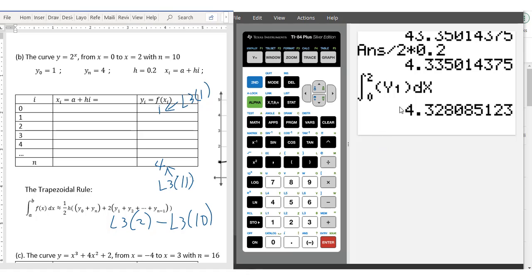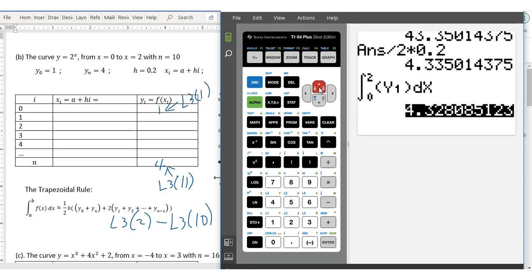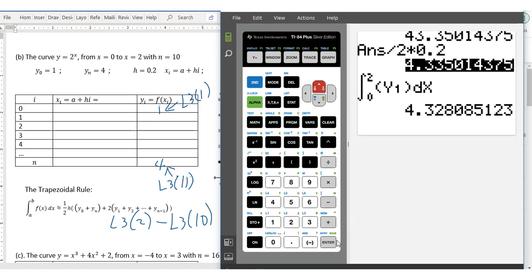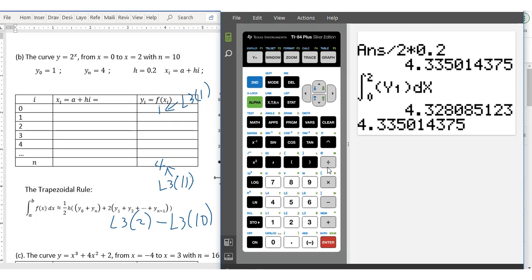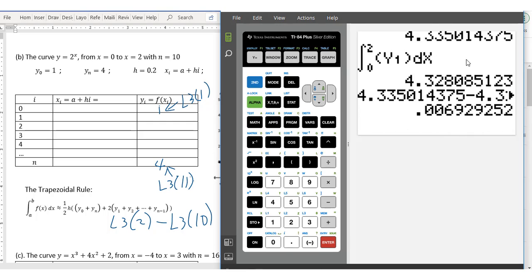We can figure out the percentage error between these two values. So we move the arrow to here, then enter, minus. This one, enter, then enter. The exact value will be the definite integral from 0 to 2 of y1 dx.